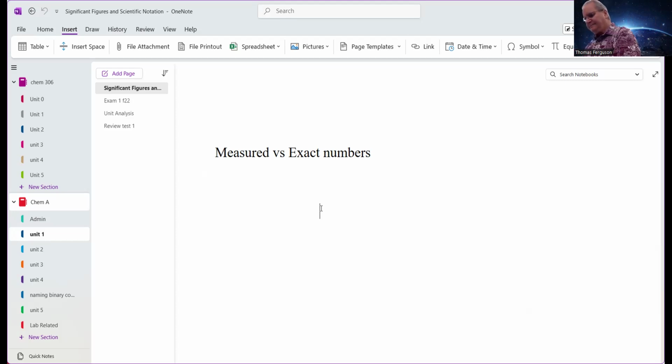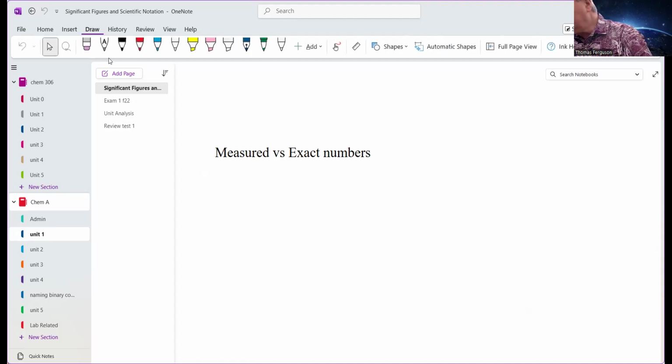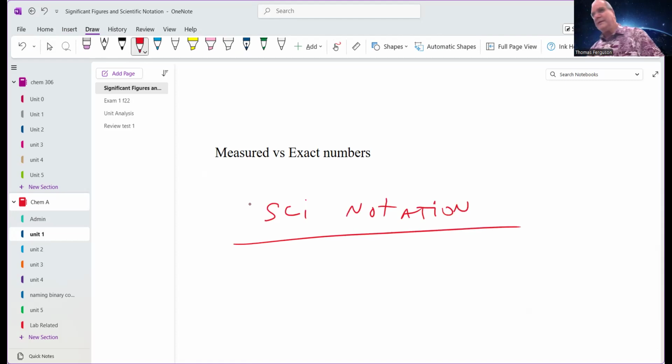When we get into scientific notation, it's 2 parts.